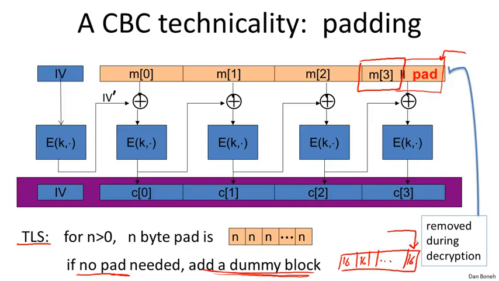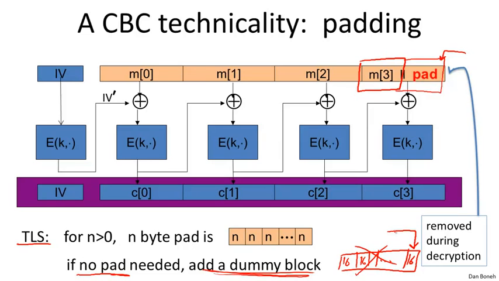He sees that the value is 16, therefore he removes the entire block, and whatever's left is the actual plaintext. So it's a bit unfortunate that if you're encrypting short messages with CBC, and the messages happen to be, say, 32 bytes, so they are a multiple of 16 bytes, then you have to add one more block and make all these ciphertexts be 48 bytes just to accommodate the CBC padding.